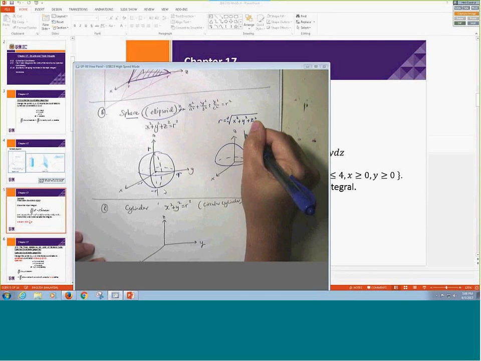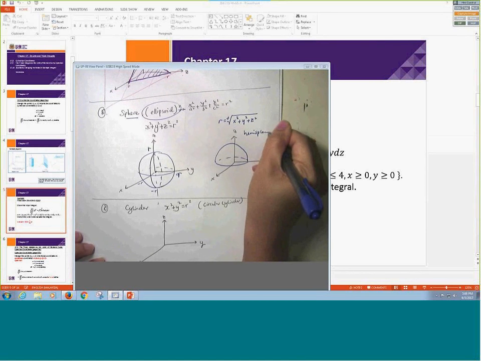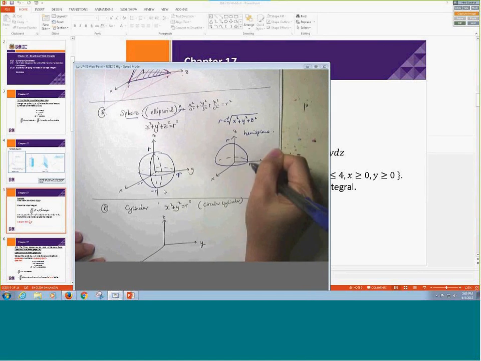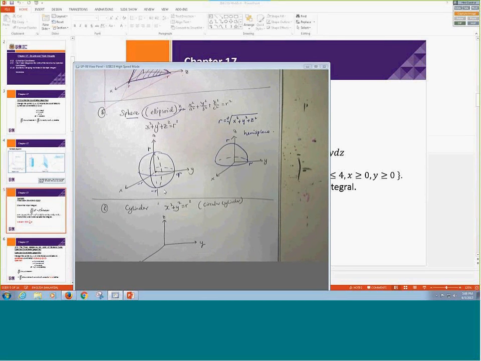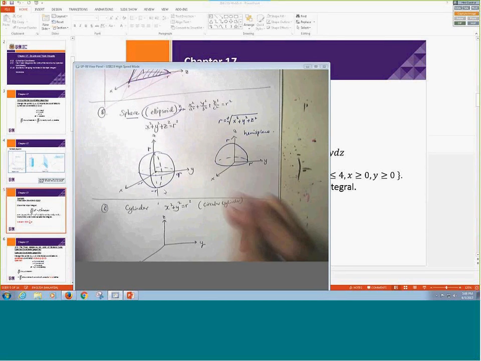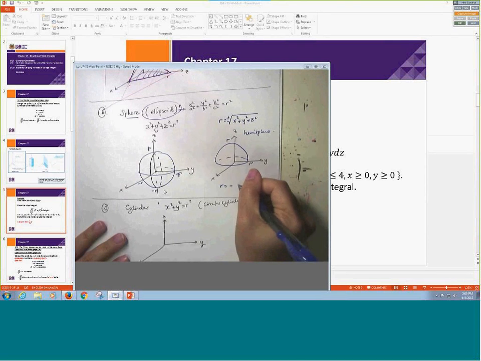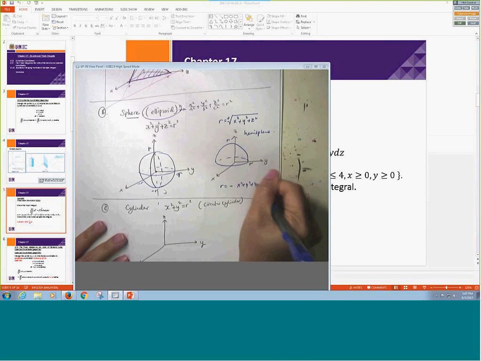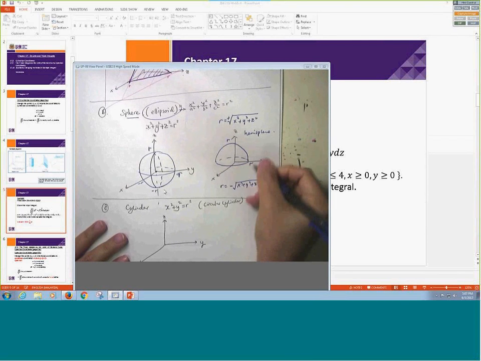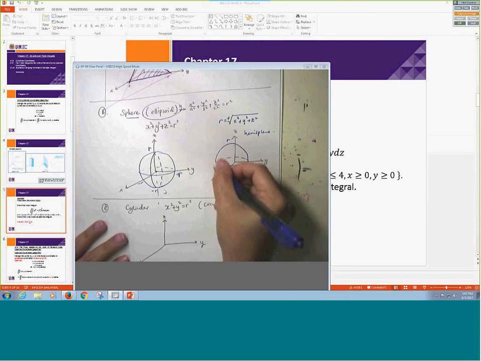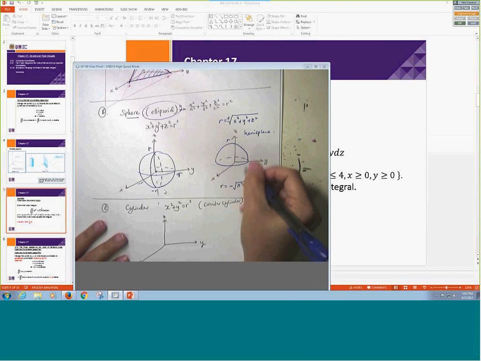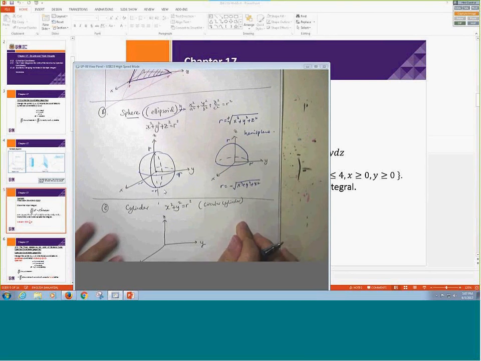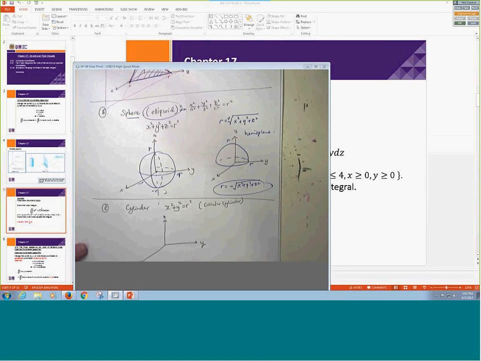We call it the hemisphere, and this is r. If r is negative here, that means you will get the hemisphere that is lower, beneath the xy plane. So this is the negative one.